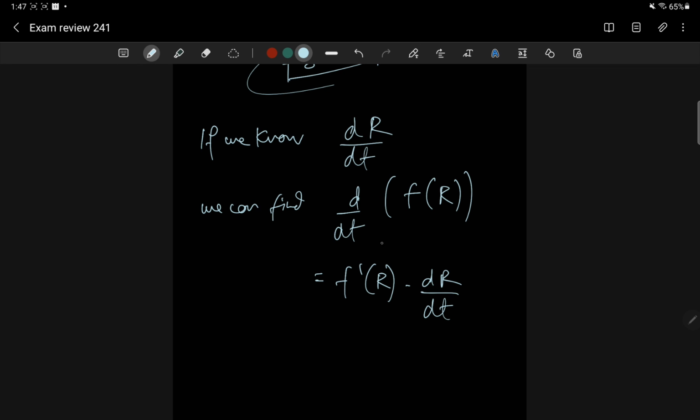And how we find the derivative of the function f, well, that's just the rules of derivative. It doesn't care about variables. So like if it's R squared, it's 2R. If it's R to the 10,000, it's 10,000 R to the 9,999 and so on.